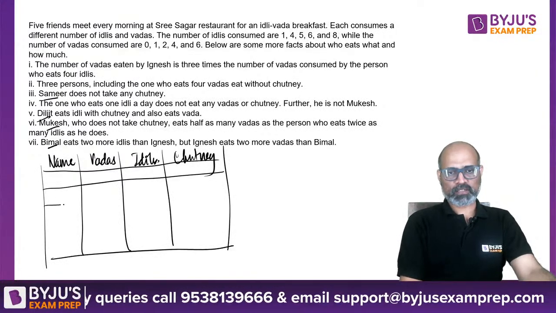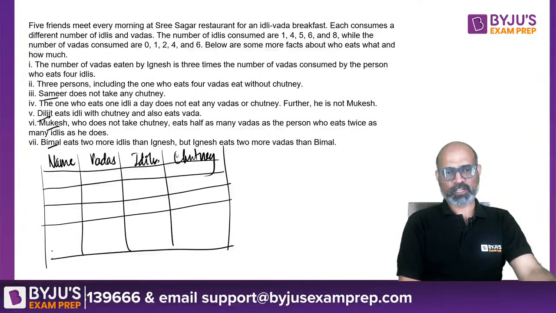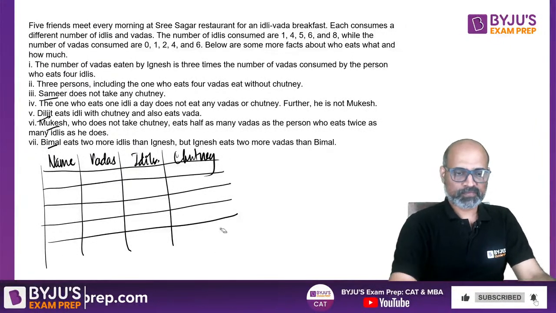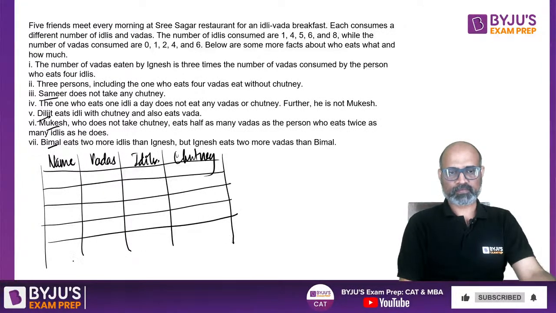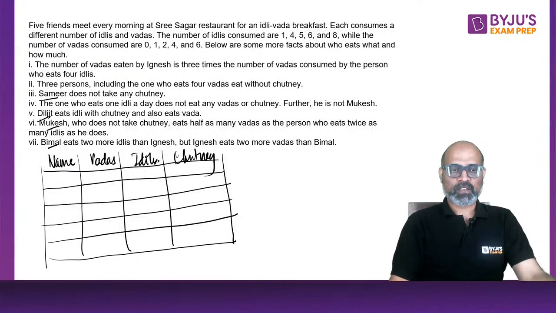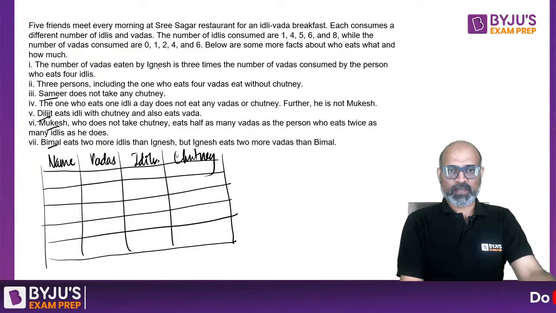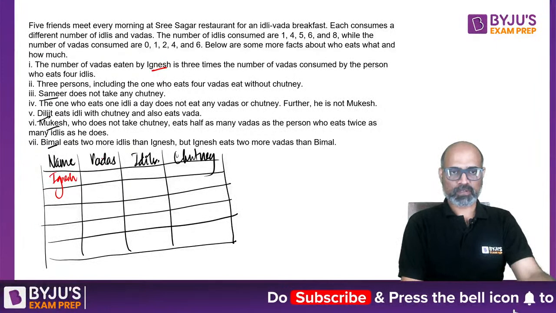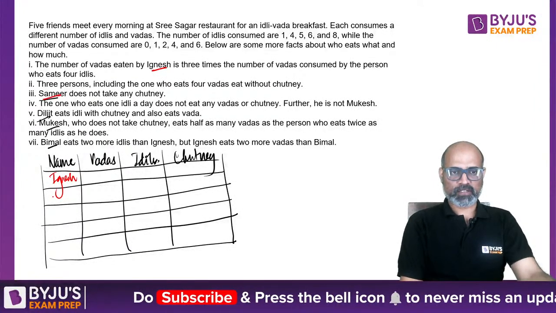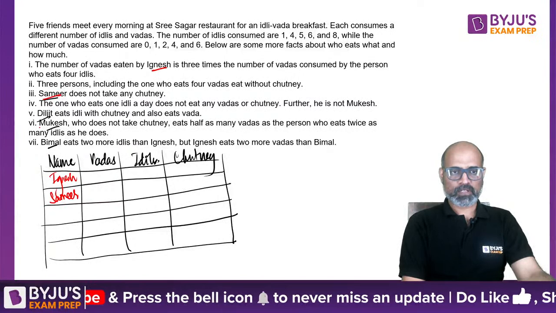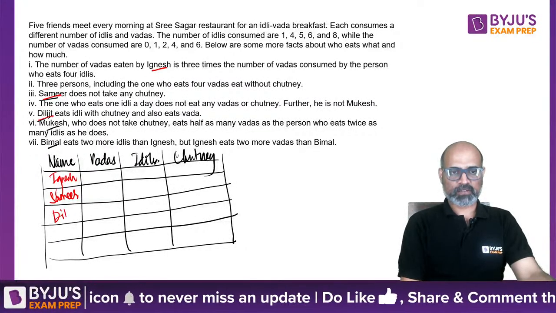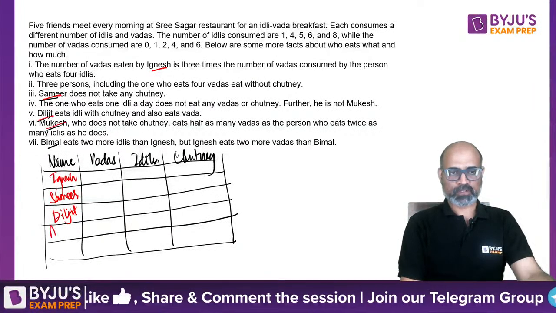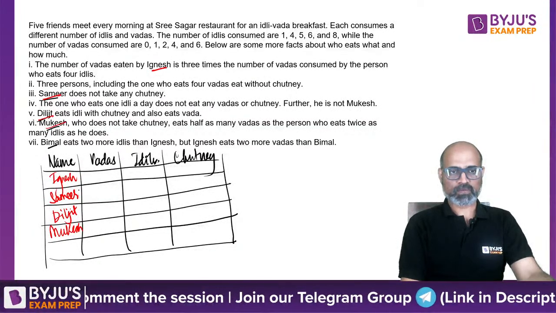So 1, 2, 3, 4 and 5. So what are the names? Ignesh, Samir, Diljit, Mukesh, Bimal.